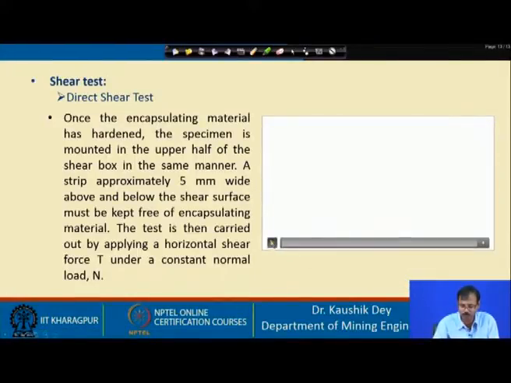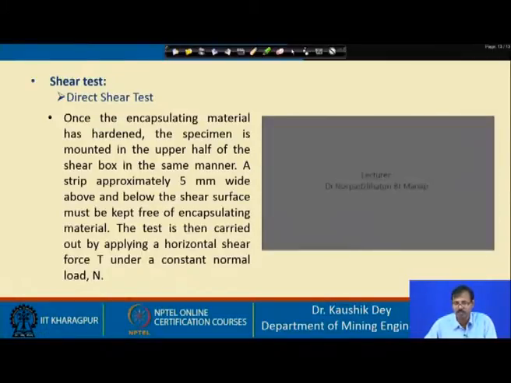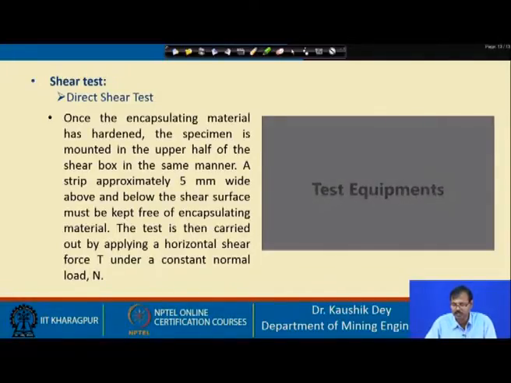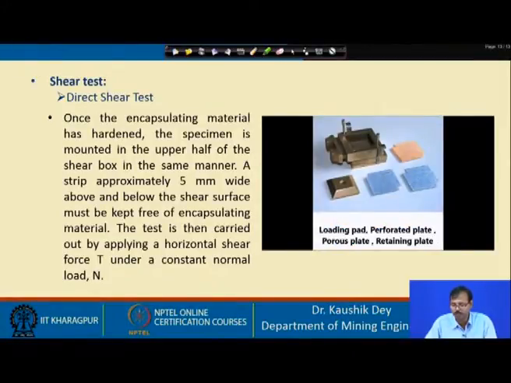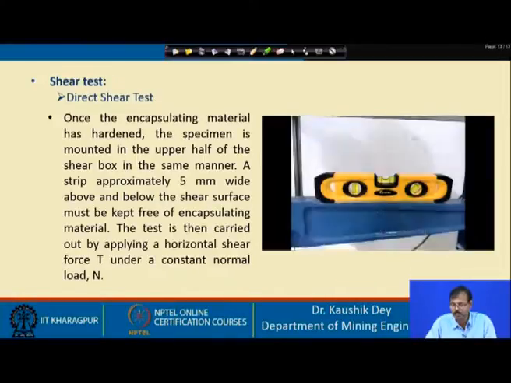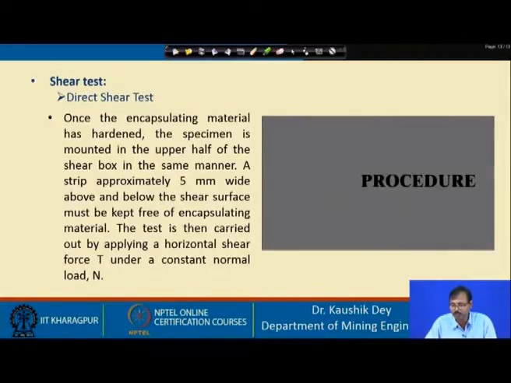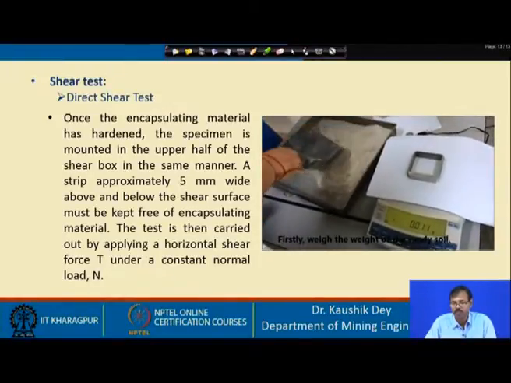Now, you can see this video where the direct shear test is being carried out on a loose material, sand, to determine the shear strength. This is the direct shear apparatus. These are the loading pads and perforated plates, etc. This is the weighing machine used to weigh the loose material.